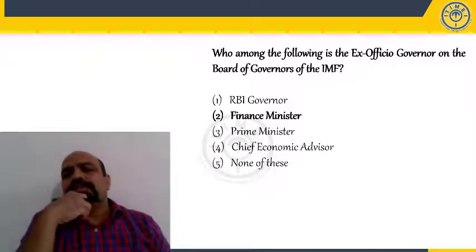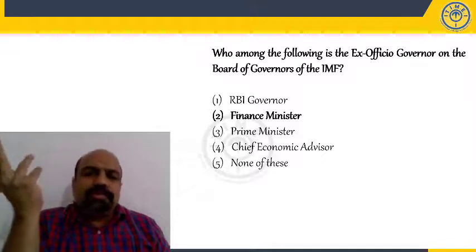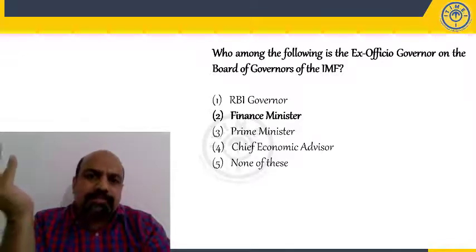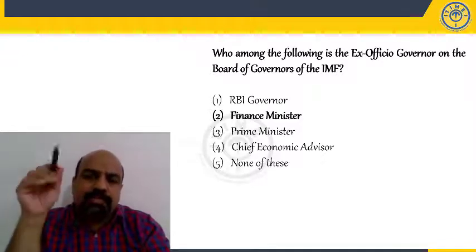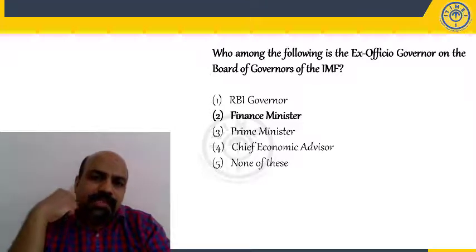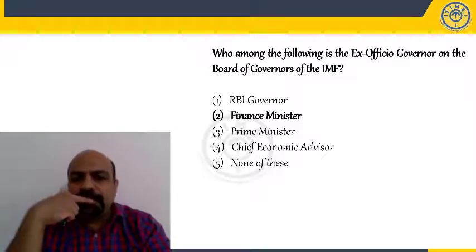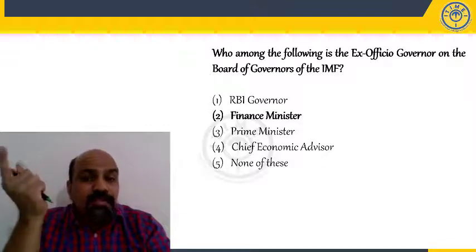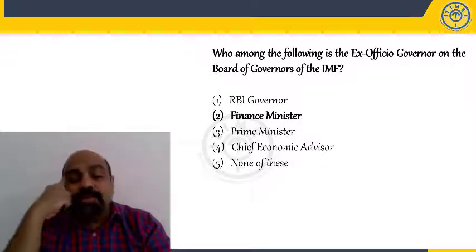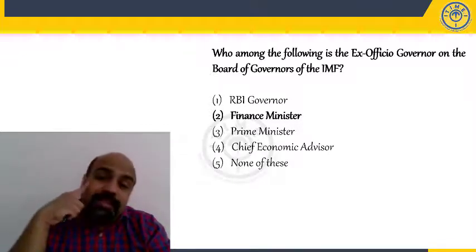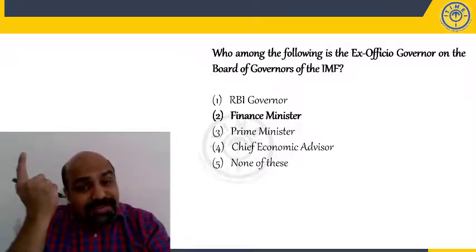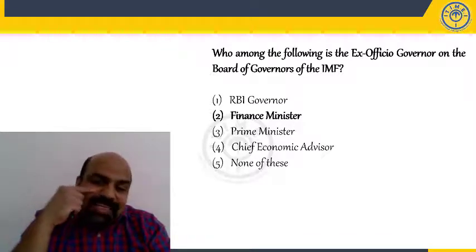Who of the following is the ex-officio governor on the board of governors of the IMF? So who represents India? India's ex-officio governor is the finance minister. Who is the current finance minister? Nirmala Sitharaman. Who is the current RBI governor? Shaktikanta Das. Who is the prime minister of India? Narendra Modi.